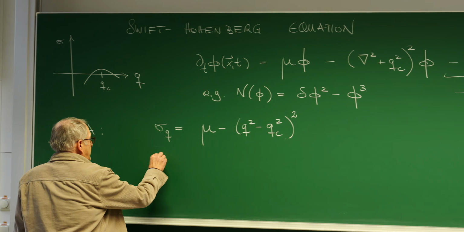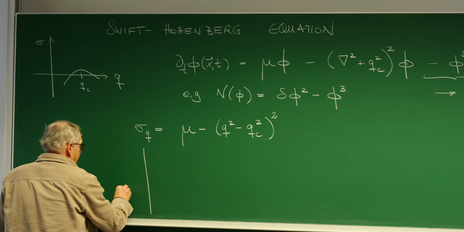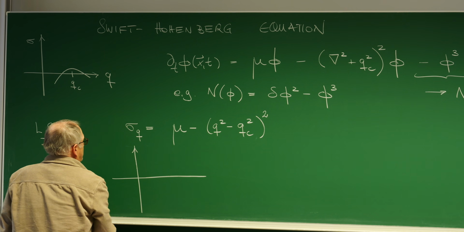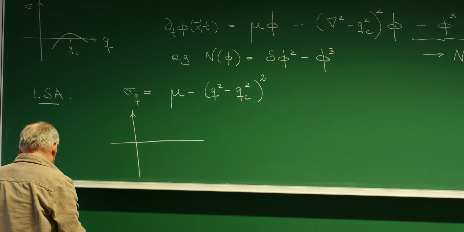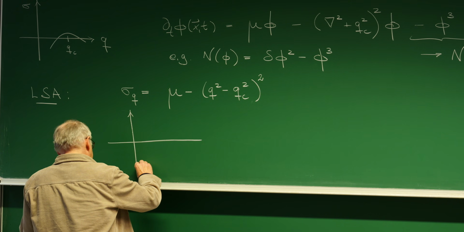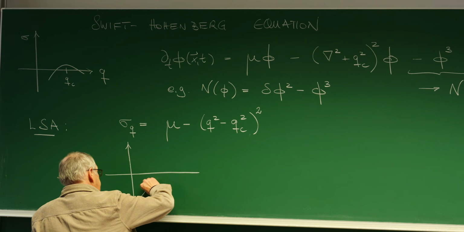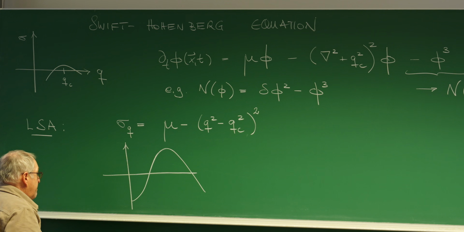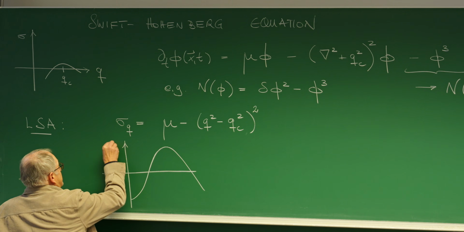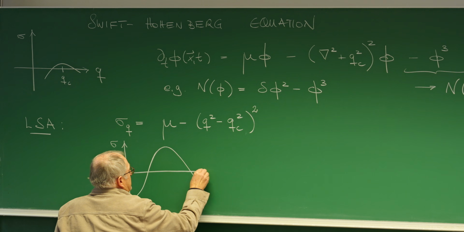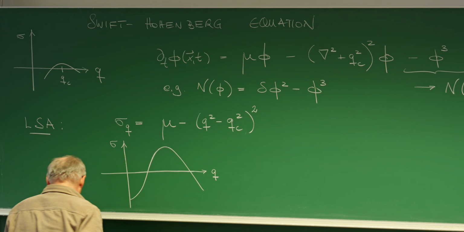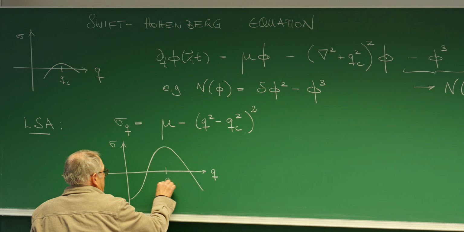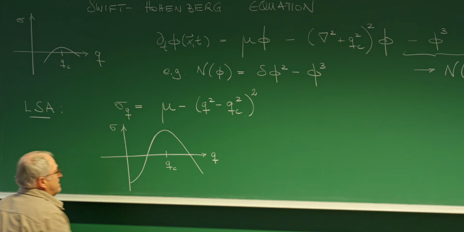And that dispersion relation has a structure which I already drew in its essence, but let me give you the whole thing. It will look like so basically. This is sigma, and this here is q. And here roughly is qc. Okay.